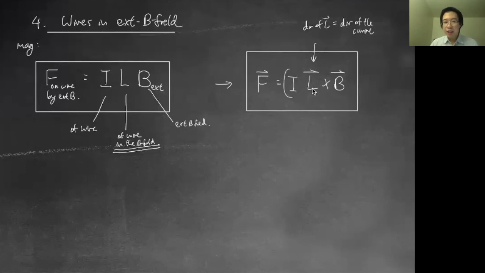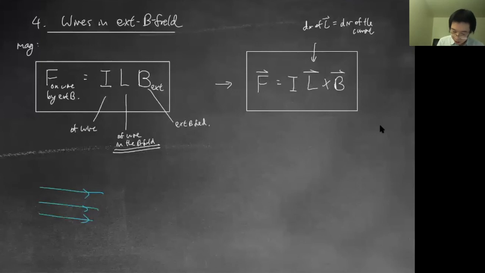So in that first example where the B field is going this way, let me draw the cross section of it. I'm looking at it head on. This is the north, this is the south, and I have a wire that is coming out of the page.